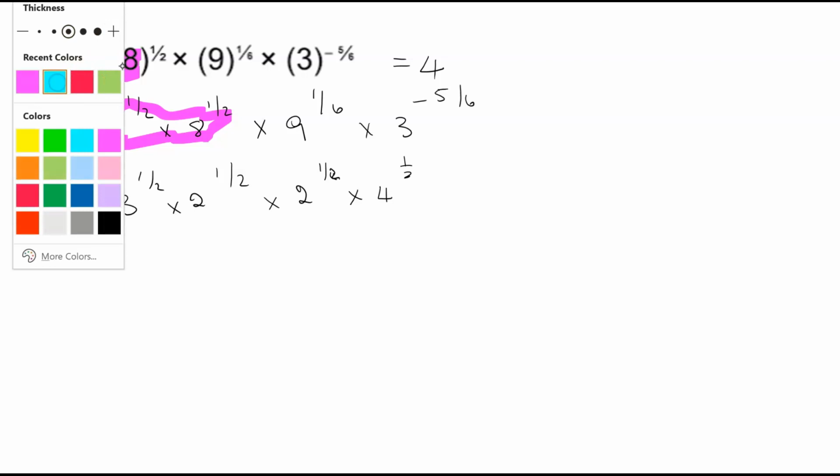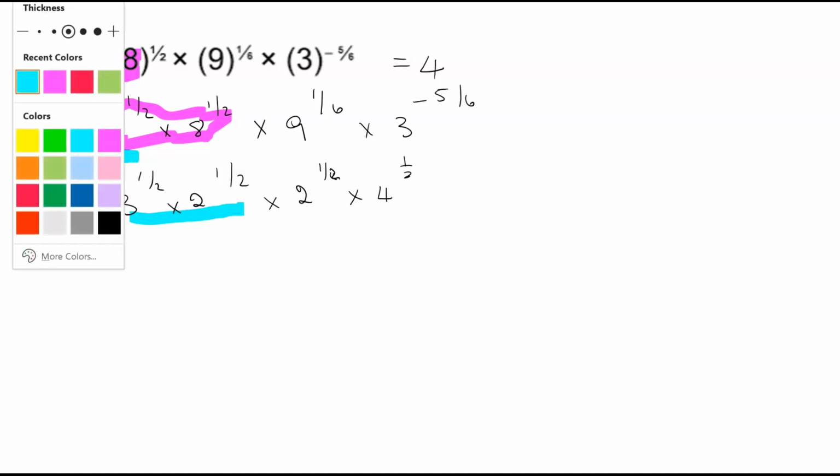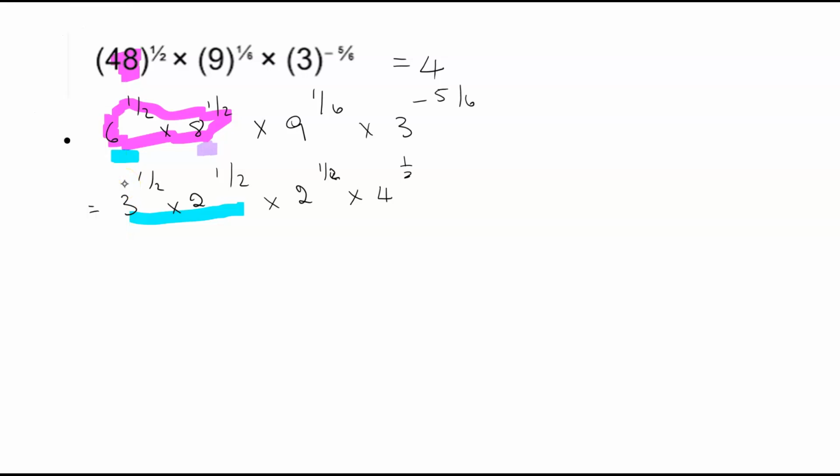This one now becomes these two terms, and this term becomes these two terms, and then I have got 9 to the power of a sixth, which is 3 squared to the power of a sixth times the last term.